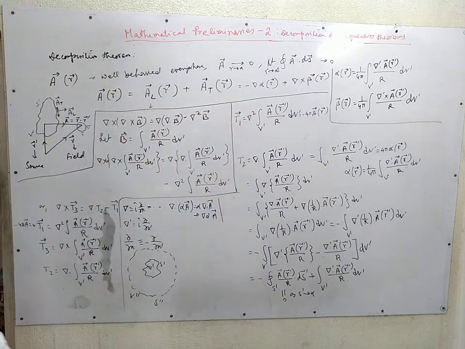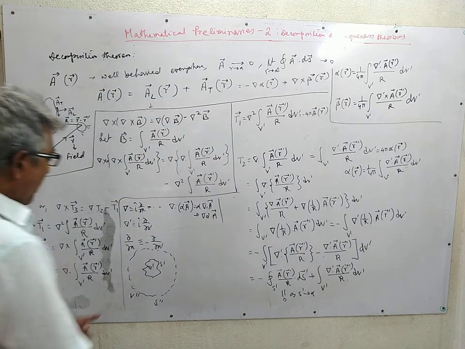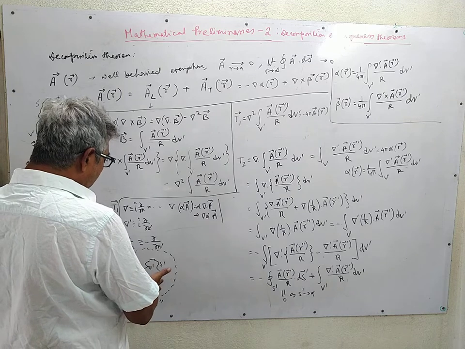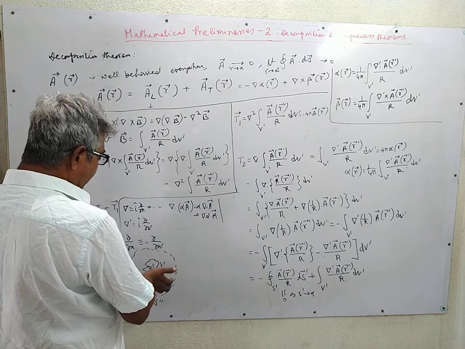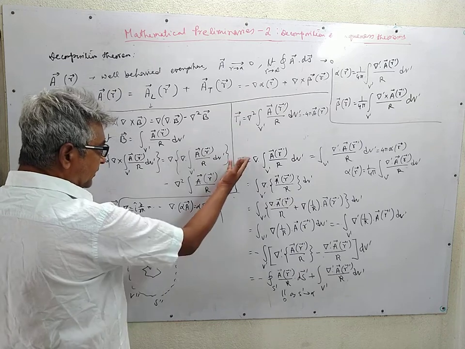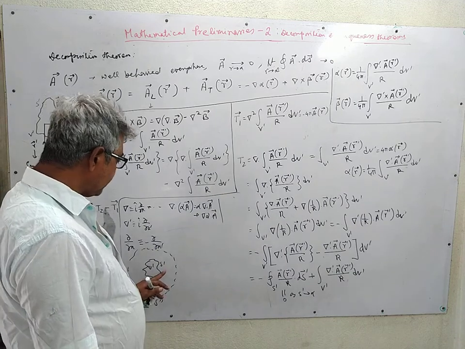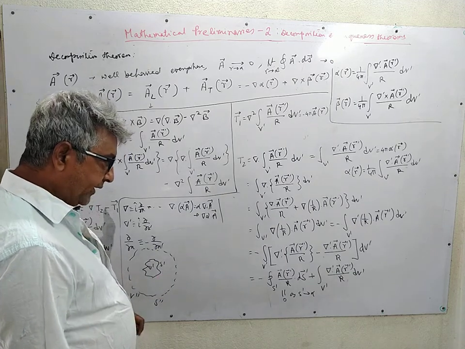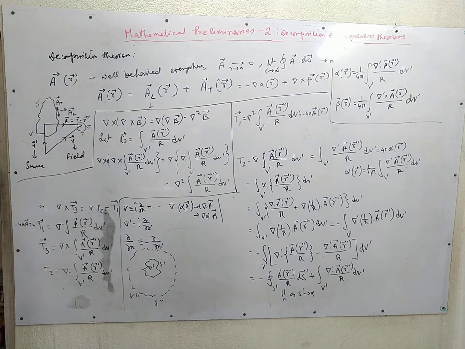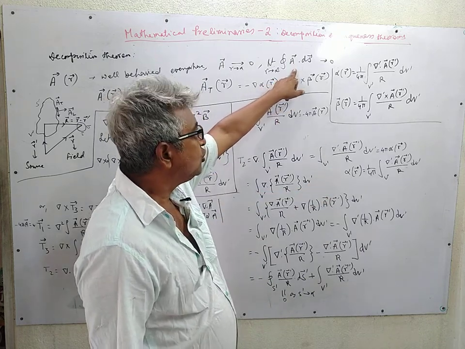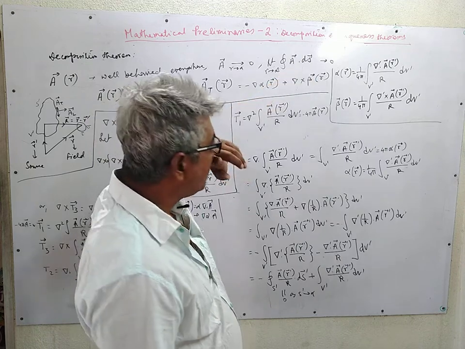We have used a trick on surface integration. We have added up a volume where there is neither any source nor any vortex for the field A, so this contributes nothing to the integration T2, but we can convert the integration from S prime to S double prime, where S double prime can be taken to lie far away from us, and at very large distance both the function vector A and its surface integration go to 0 as per our precondition.